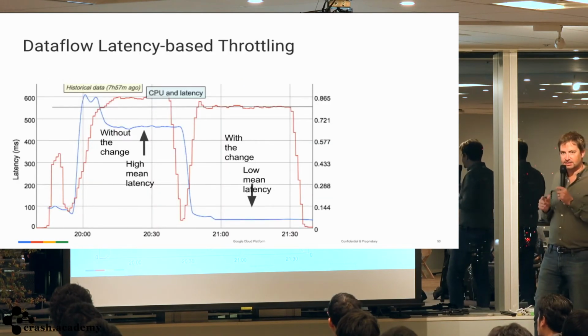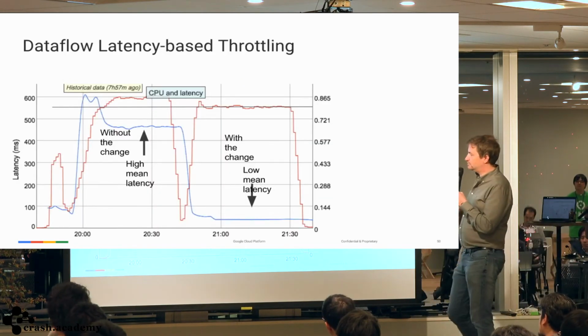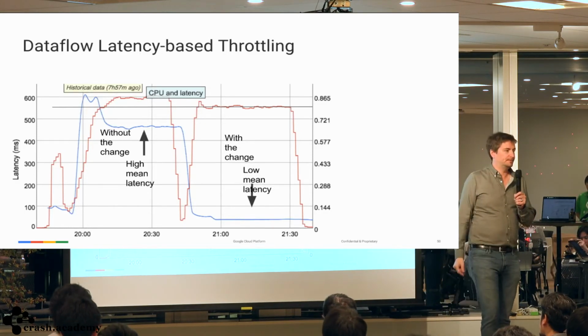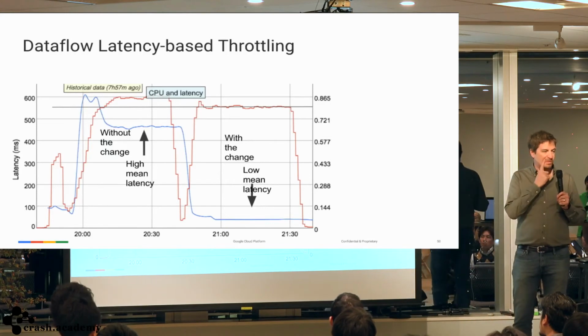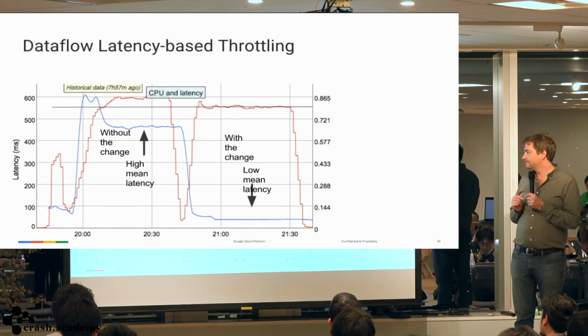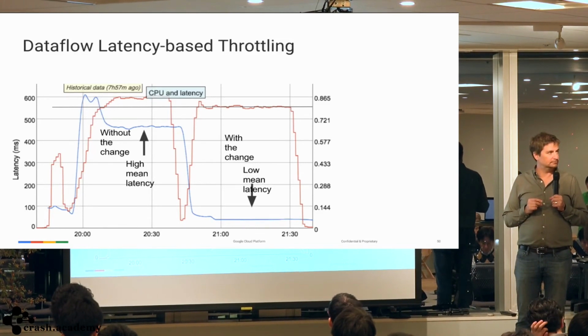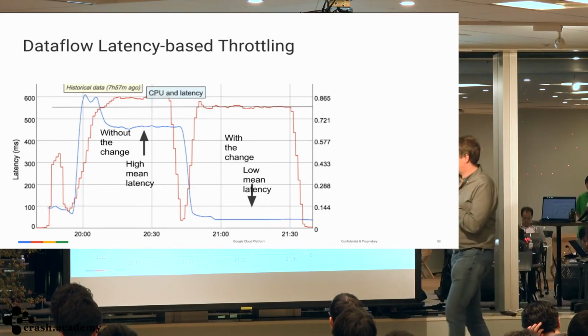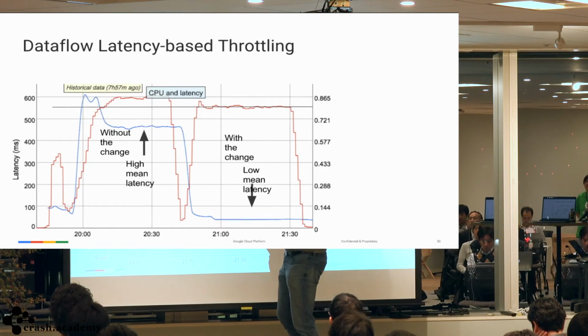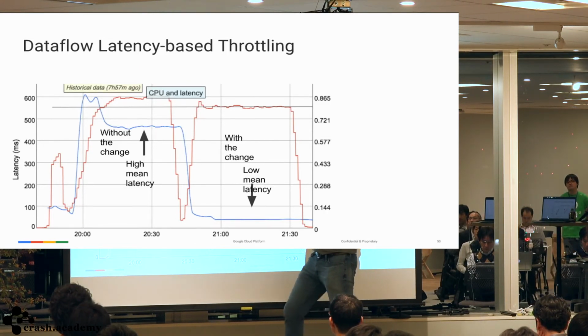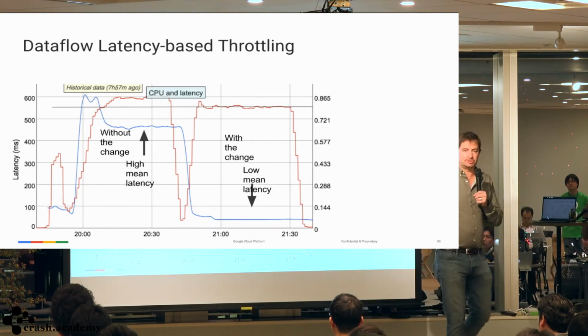The way it does this is that it tracks the latency of writes to Bigtable. This is a graph of the old connector and this is the new connector, and the blue line is the latency of requests from Dataflow to Bigtable.